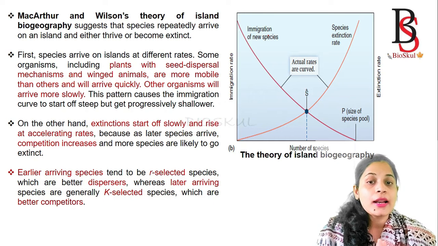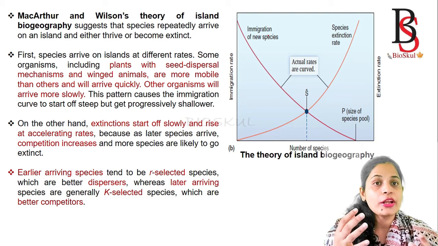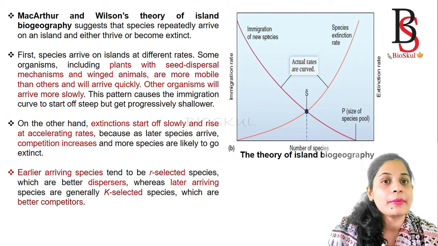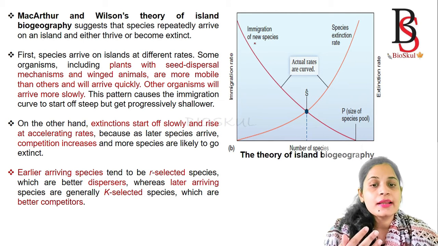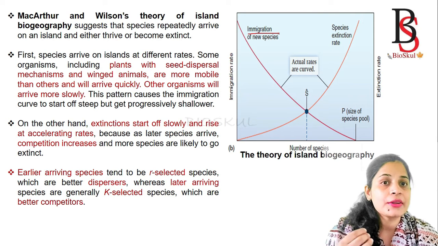MacArthur and Wilson's theory suggests that species rapidly arrive on an island and either thrive or sustain, or they may become extinct. First, species arrive on the island at different rates. The arrival of new species on an island is known as immigration, and it happens at different rates.